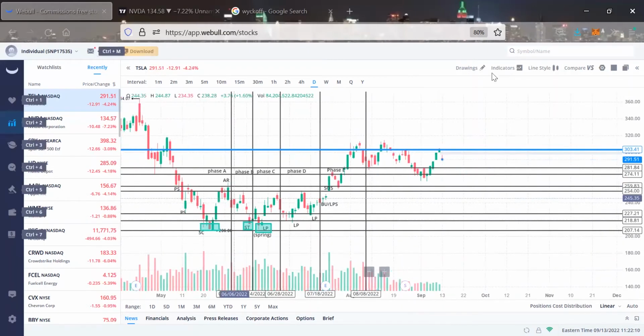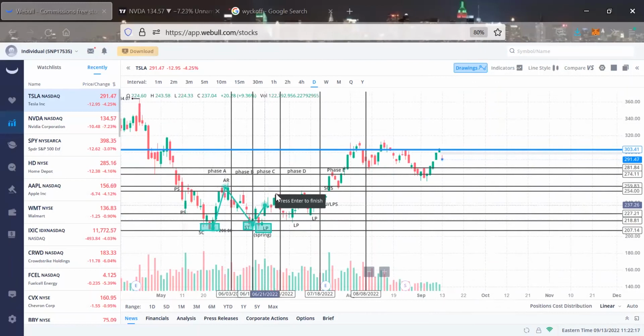As you can see, we have a certain resistance that price was playing around right here, right there, right there, right there. It's an accumulation phase. The stock hasn't really chosen a direction. So when it broke out of that accumulation phase, we call that the sign of strength.